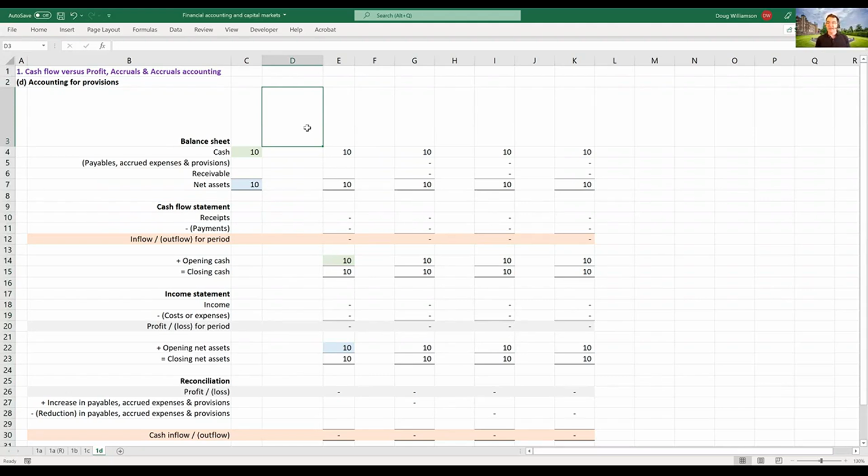So they're relatively longer term in their nature, and the other difference is the amount might be subject to greater variability and indeed the existence. So a classic example of a provision is there's a legal case against us. We will defend this case vigorously.